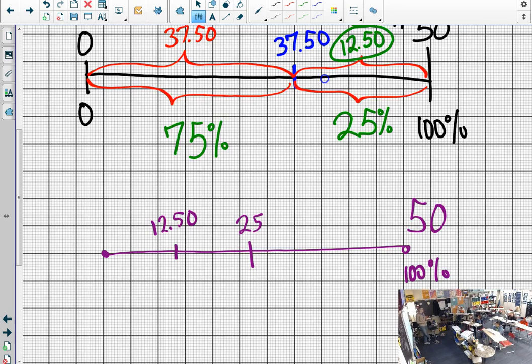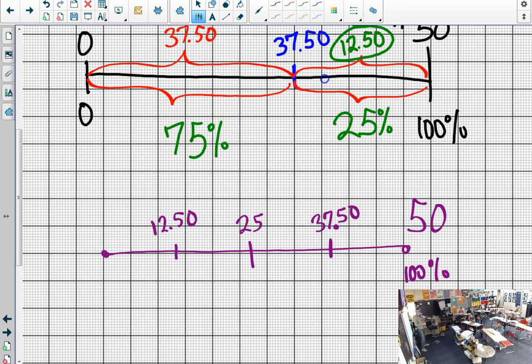So really, if we wanted to talk in fractions, now be careful with how I ask this. What fraction did she pay? Alan, what do you think? What fraction did she pay? So we know what percent she paid, right?